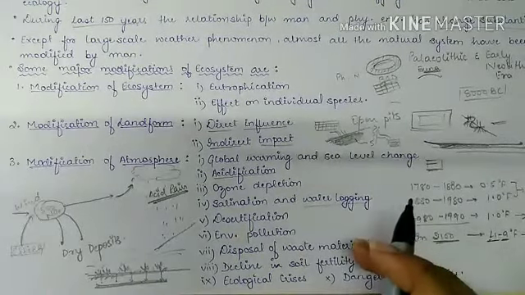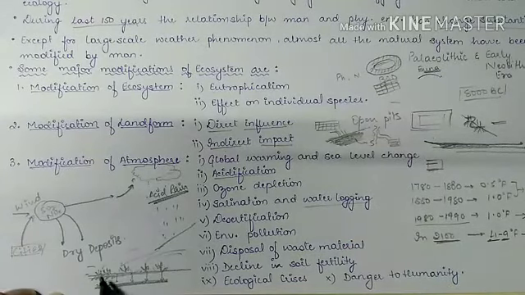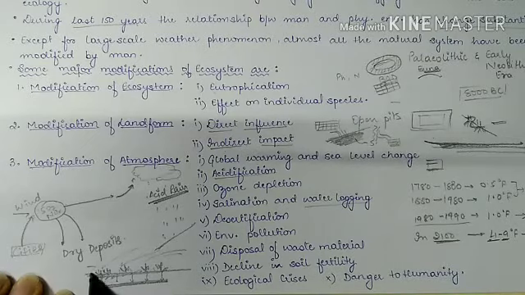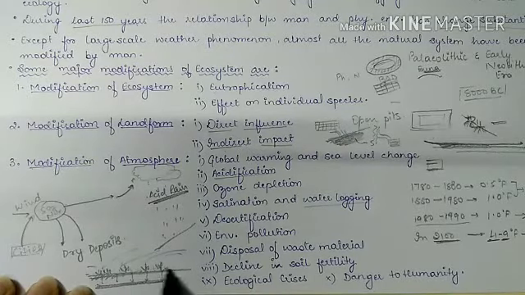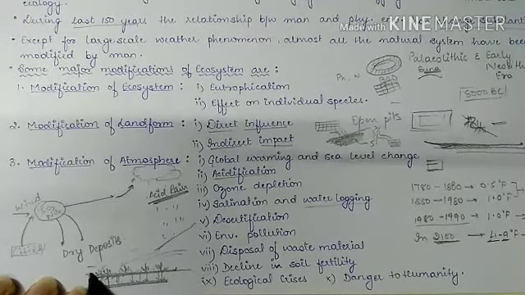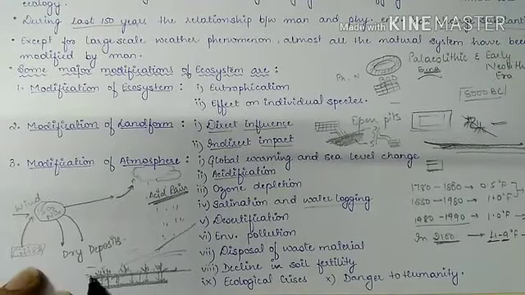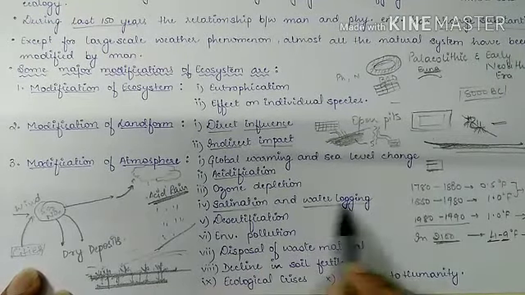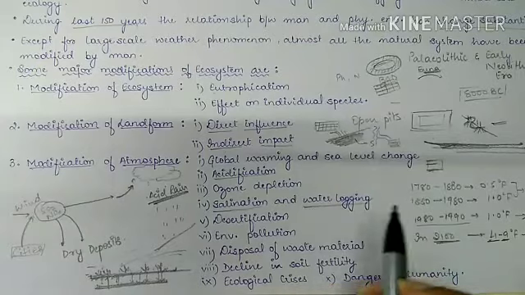Because of irrigation, we are not judiciously using water, and because of clay soil and other problems, the water is logged and not able to penetrate inside the soil. So this problem is waterlogging. These are also the problems that are faced.